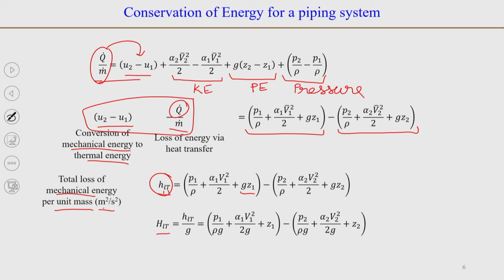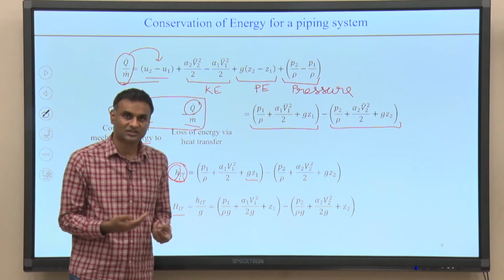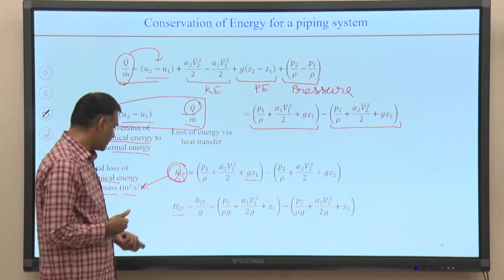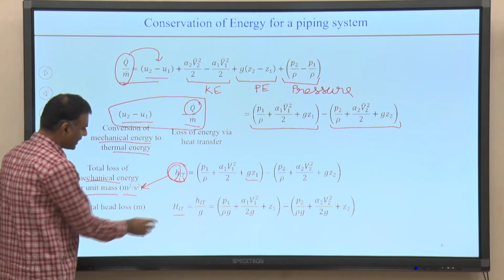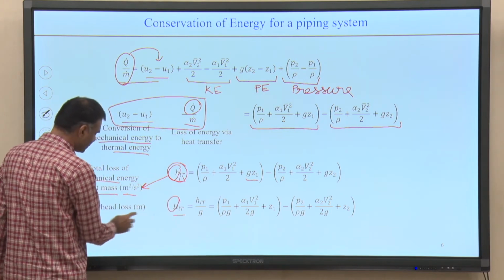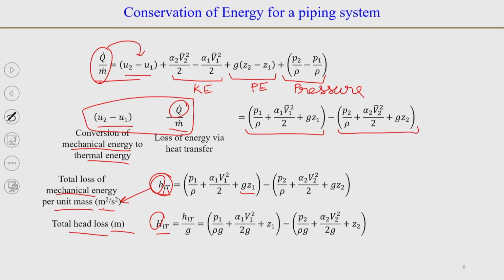So, small h we will use when the units are meter squared per second squared, and we call it loss in energy per unit mass. And when we represent it in terms of capital H, the unit will be meter and we call it head loss. So, head H_LT is equal to just this mechanical energy lost per unit mass divided by acceleration due to gravity.